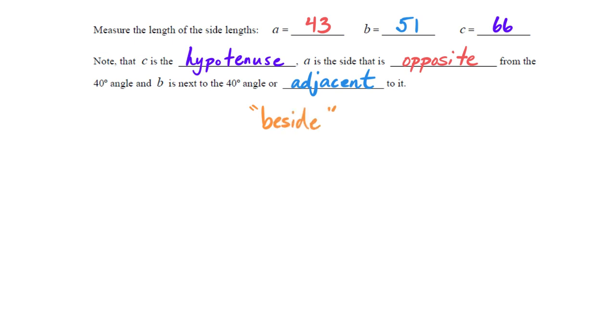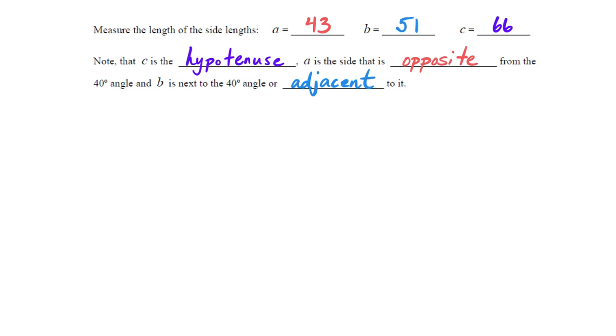A formal way for us to say beside is adjacent. It's next to it. So we are going to use the word adjacent. Okay, A, B, and C all now have names relative to their position to angle A.